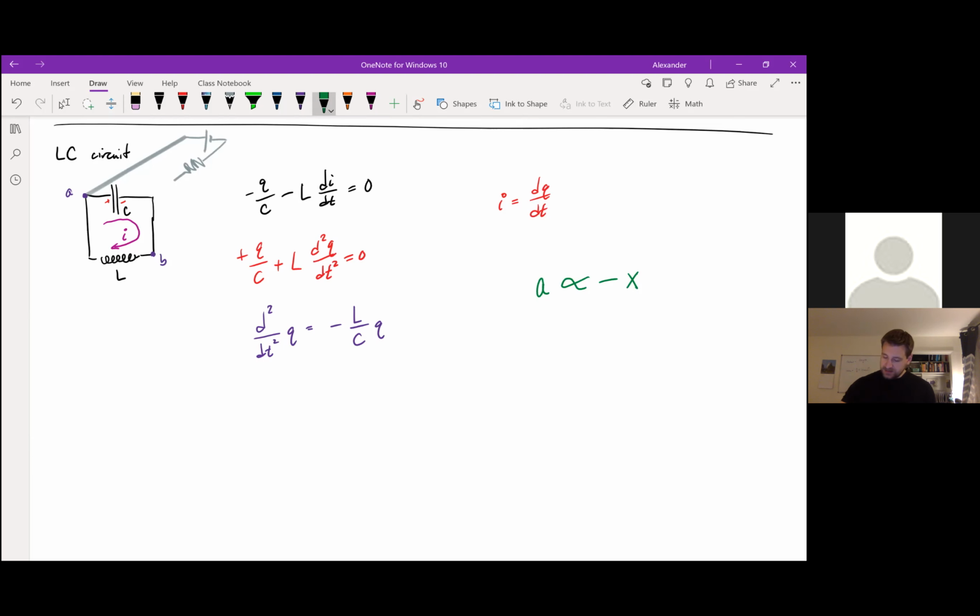As long as we can say that the acceleration is some constant times the displacement and negative, there's a restoring force, we said in 231, as long as the second derivative of the position is negative proportional to the position itself, that's oscillation.